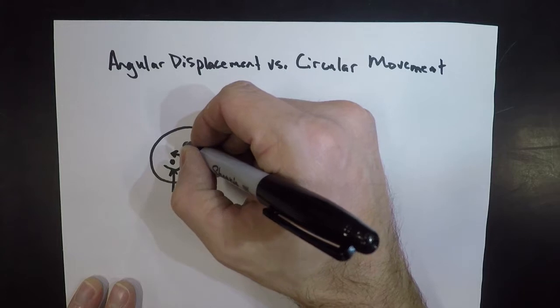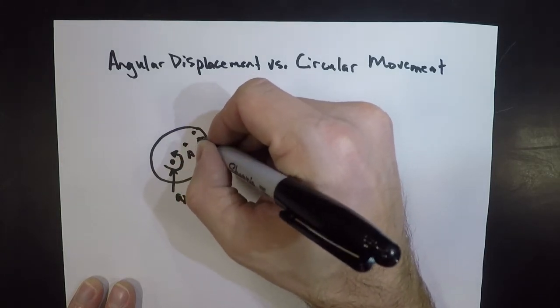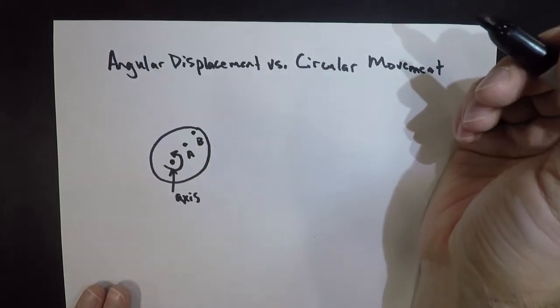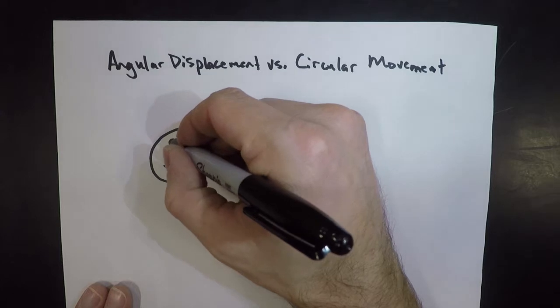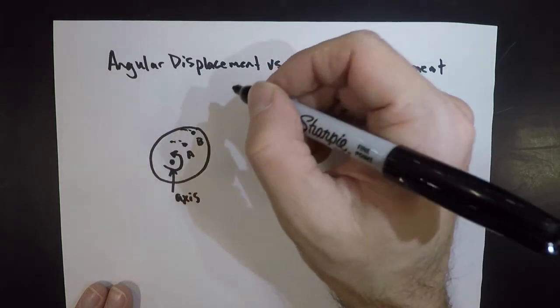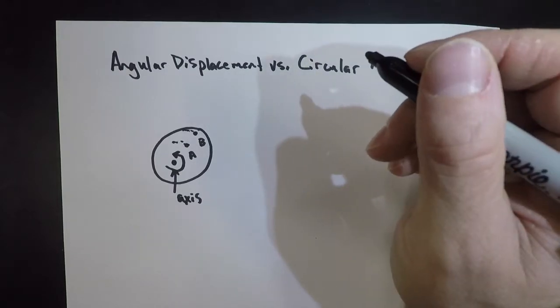And if I were to pick two different points on this object, say point A and point B, that are drawn on the object. Now, as this thing rotates, both point A and point B will move. A will move in this direction, B will move in this direction, and they won't necessarily move the same distance as this thing rotates.